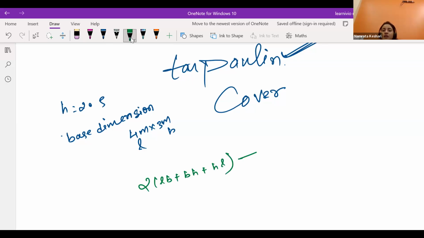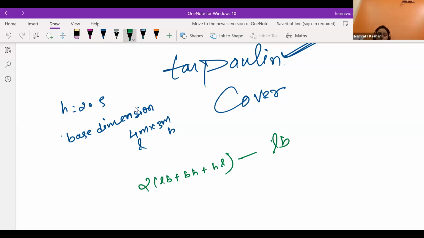Since it's a cover of a car, and we have seen that once we pull the cover it will just come out, the base is not there in this cover, so the base area we will be subtracting. If you substitute everything in this formula, you will get the answer. So we are done with the surface area of cuboid. Is it crystal clear to all of you?